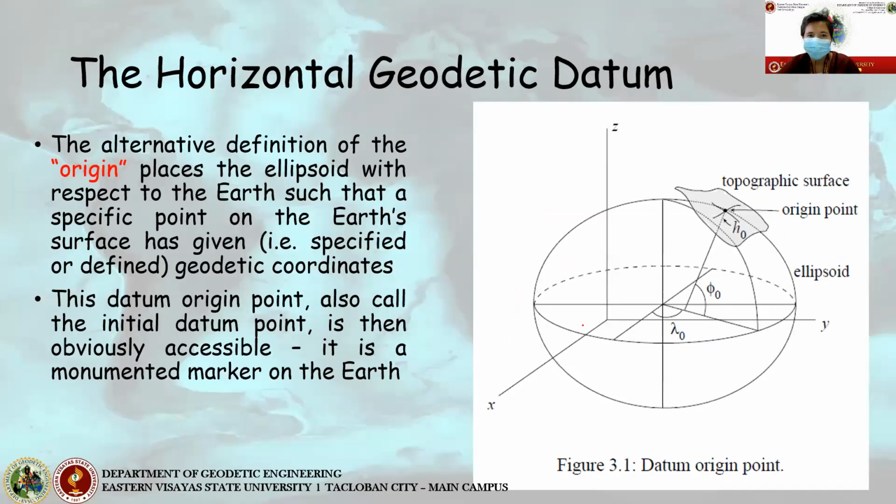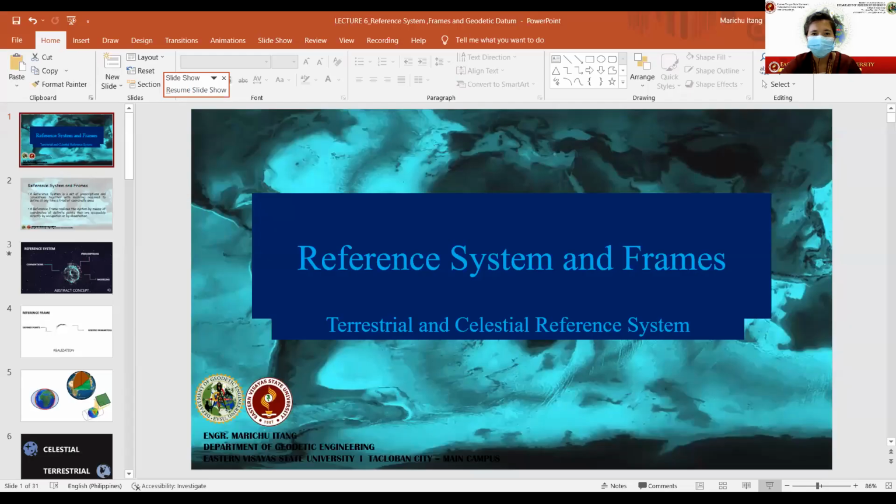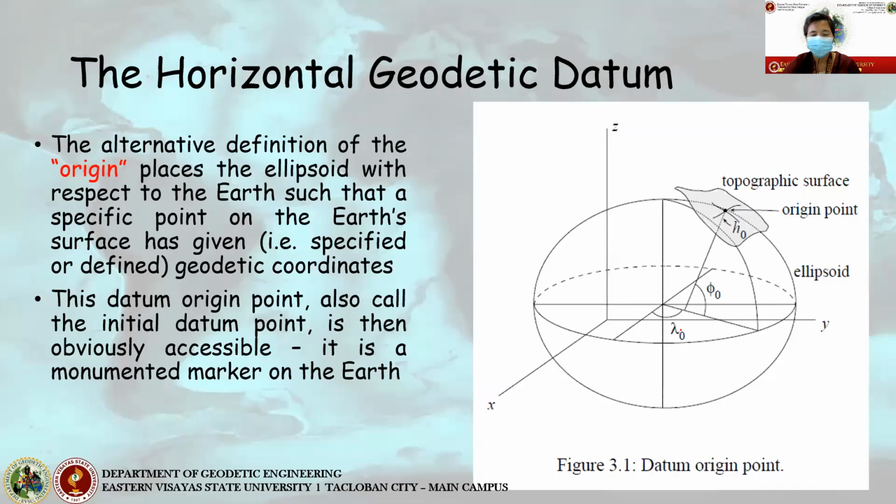So the horizontal geodetic datum. For the horizontal geodetic datum, the alternative definition of the origin places the ellipsoid with respect to the Earth such that the specific point on the Earth's surface is given geodetic coordinates.